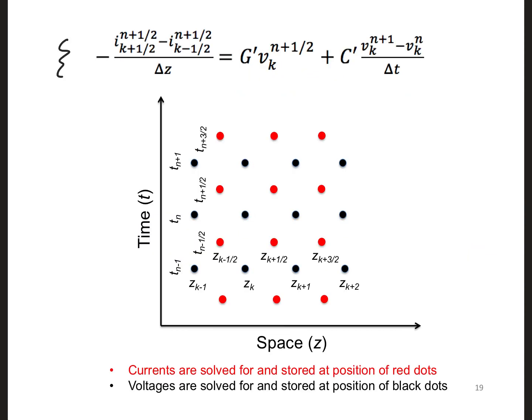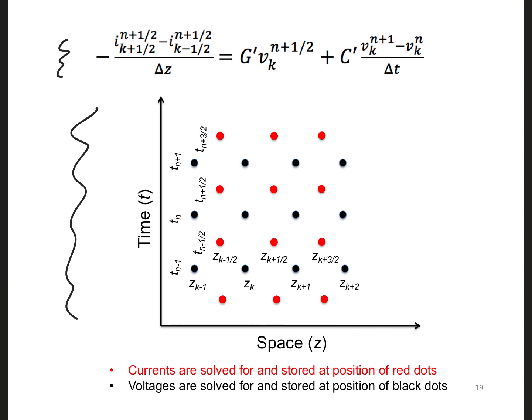On the top here is the equation that we just wrote out on the previous slide. So now let's look at all of the terms in this equation and compare them to the voltages and the currents that are stored in our grid. The ones shown in this grid are the voltages and currents that are stored in the computer.